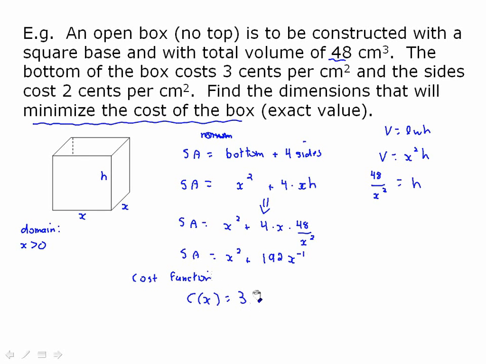So this cost function is in terms of cents. So 3x squared. And then the sides are 2, so plus 2 times 192x to the negative 1. So C as a function of x is equal to 3x squared plus, multiply that out, and you should get 384x to the negative 1.